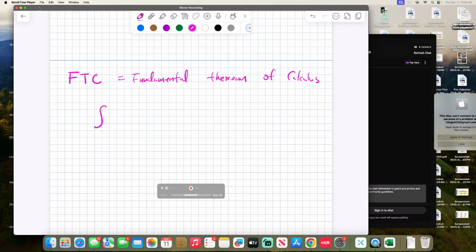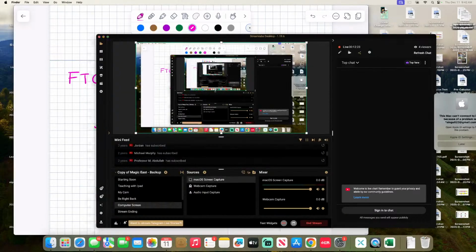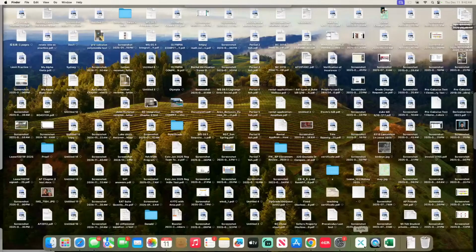So the integration from a to b of f of x dx is always equal to f of b minus f of a. You did that for the past few days. Integral between two values. Does that make sense?